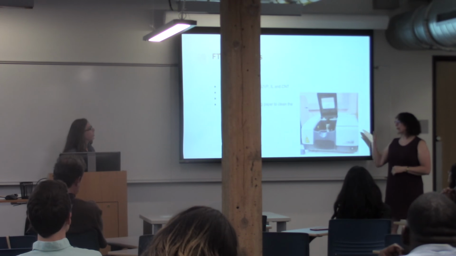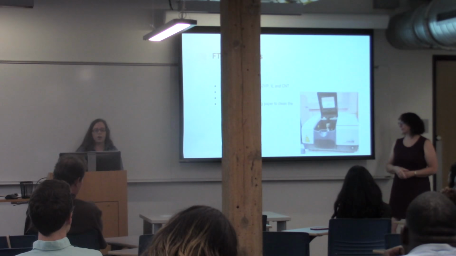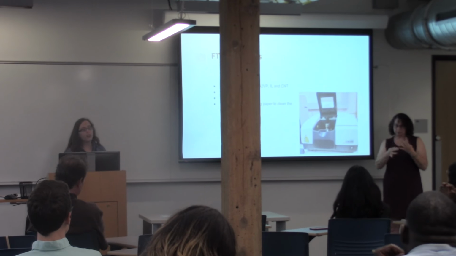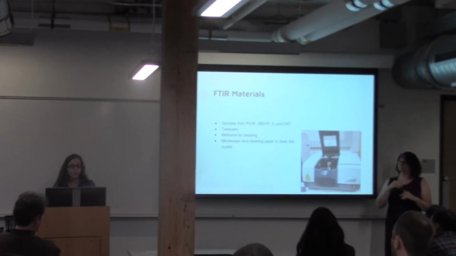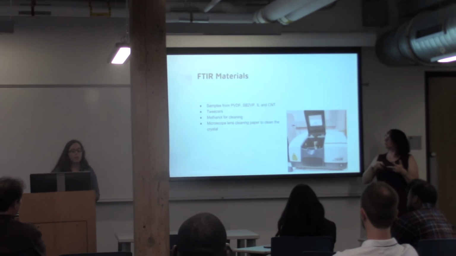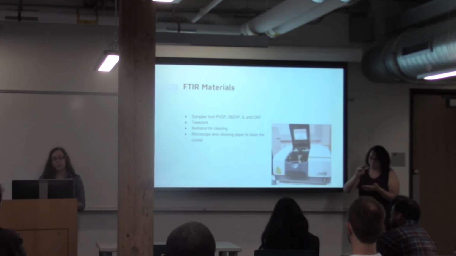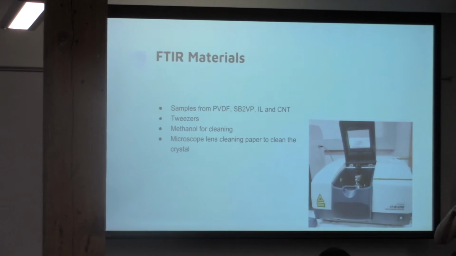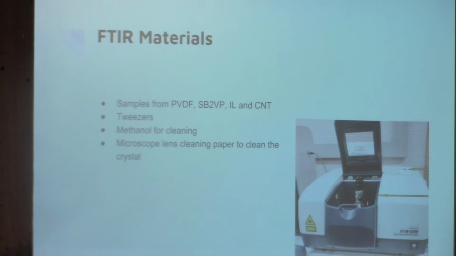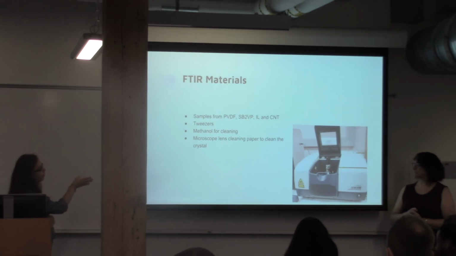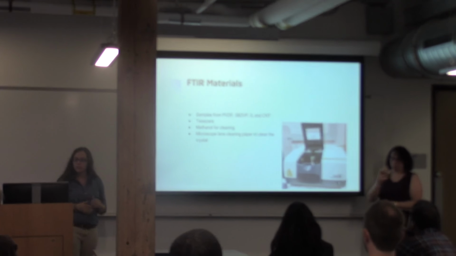So these are the materials that we use in FTIR: samples of PVDF, SB2VP, ionic liquid, and carbon nanotubes, tweezers, methanol for cleaning, and microscope lens cleaning paper to clean the crystal. This is the picture of the FTIR that we use.